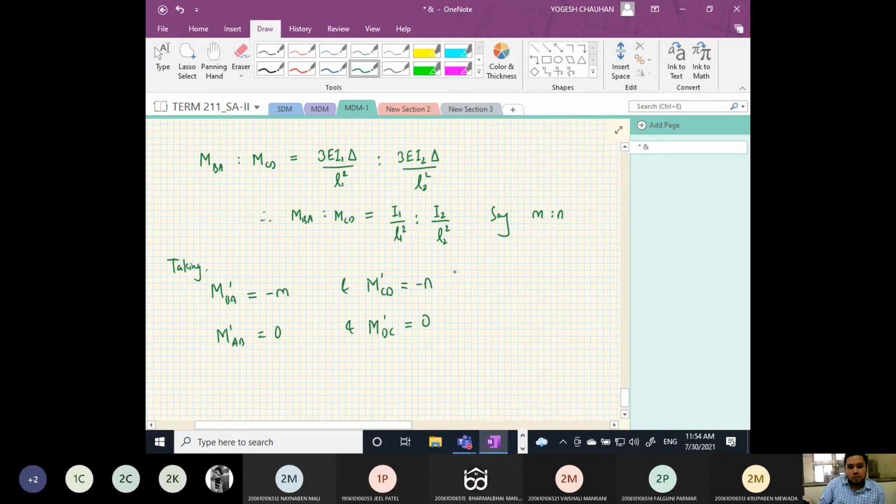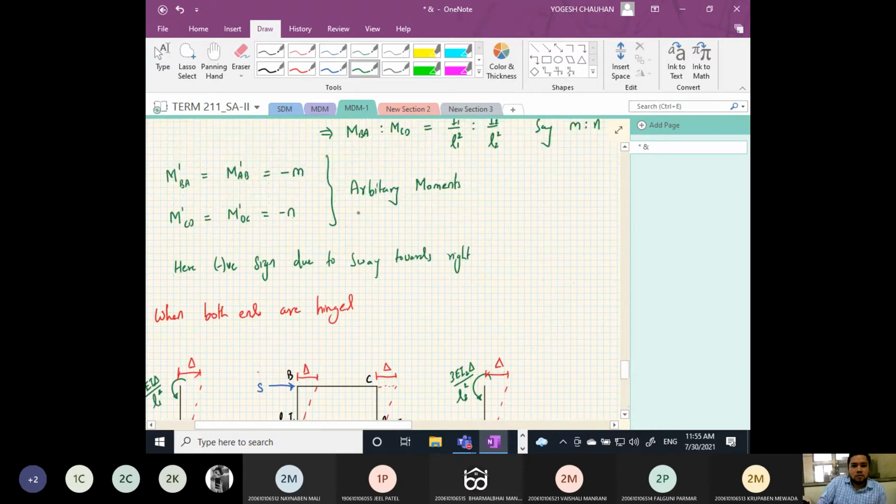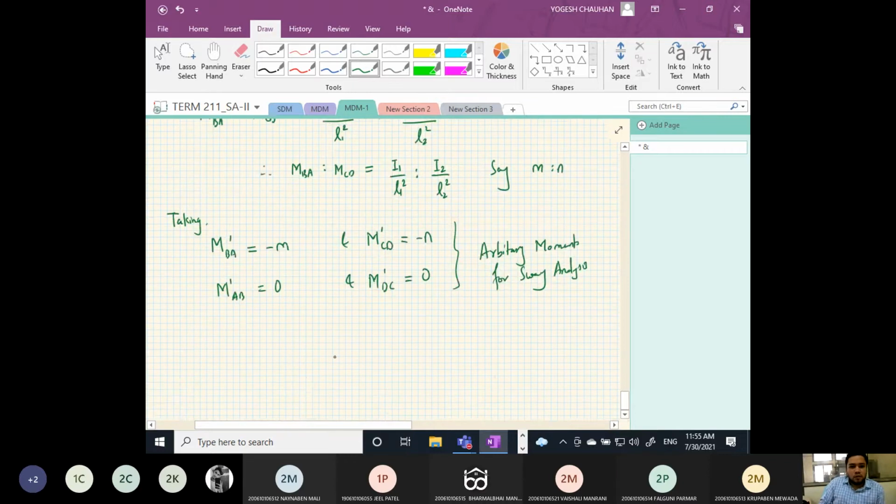These are the arbitrary moments for sway analysis, and the negative sign is due to sway towards right.